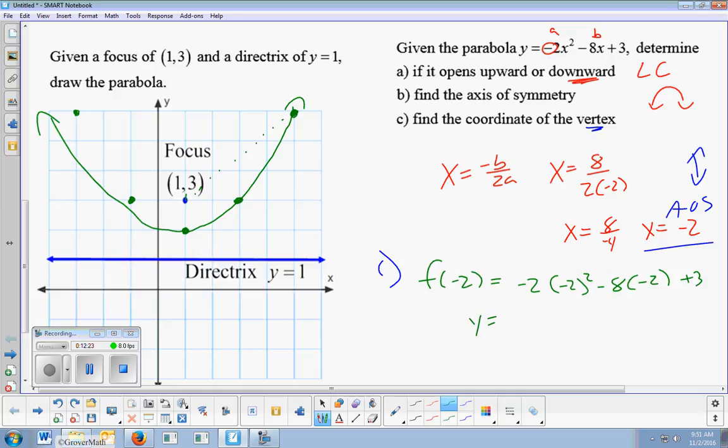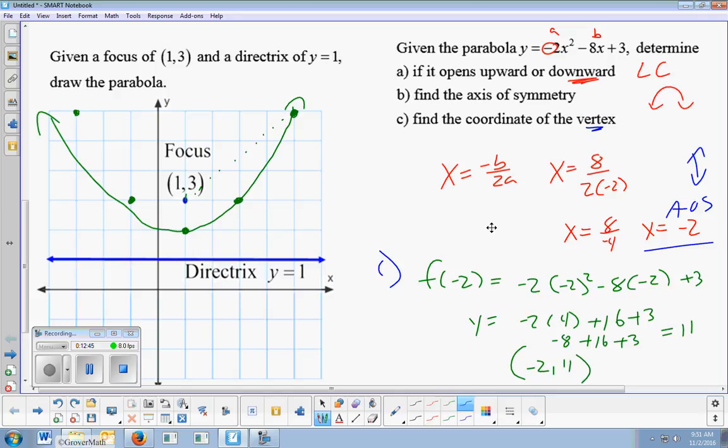Remember, this is the same thing as y equals. So negative 2 squared is 4, so negative 2 times 4. Negative 8 times negative 2 is plus 16 plus 3. This comes out to be negative 8 plus 16, which is 8, plus 3, 9, 10, 11. So the vertex is the point negative 2, 11.